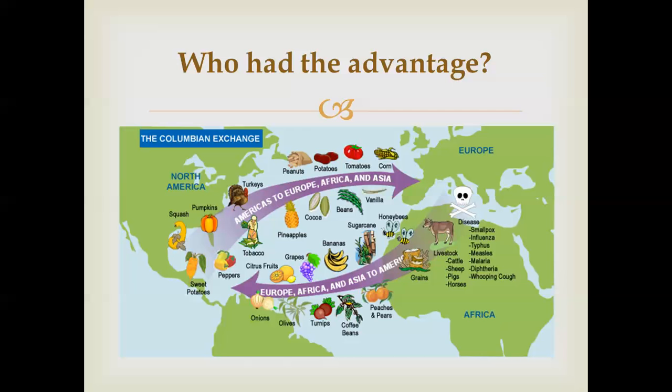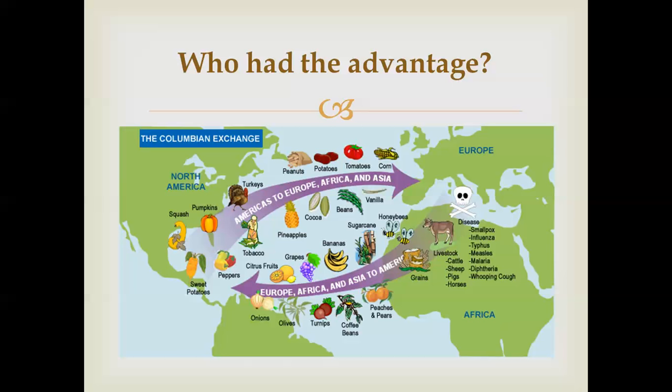Had tremendous economic effects. Things like corn and the potato. These were items that could be grown in not necessarily the greatest of soil.